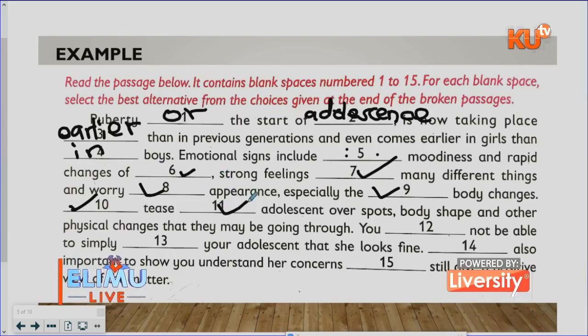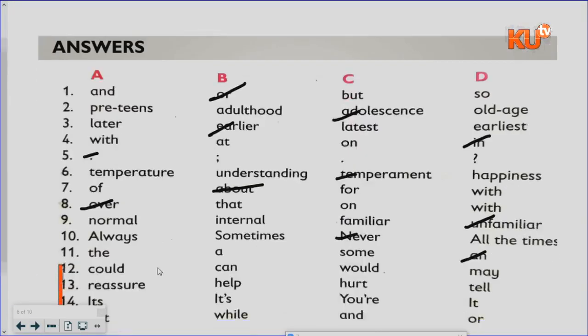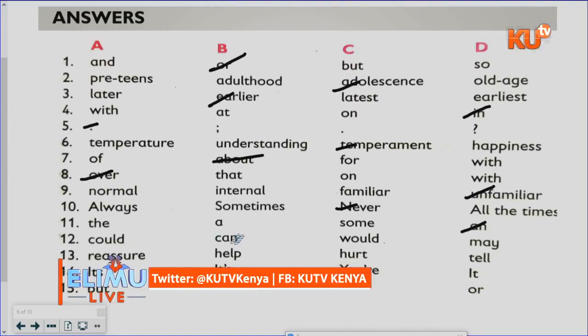Never tease an adolescent over sports, body shape, and other physical changes that they may be going through. You dash not be able to simply dash your adolescent that she looks fine. Could not be able, cannot be able, would not be able, may not be able.